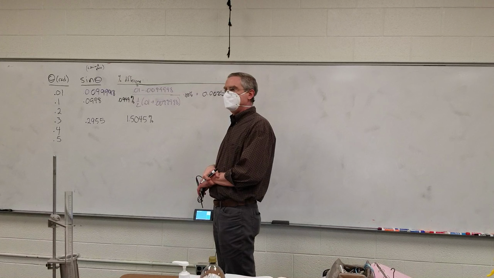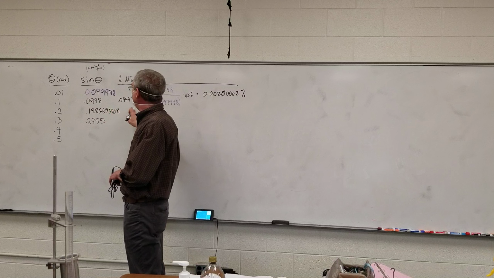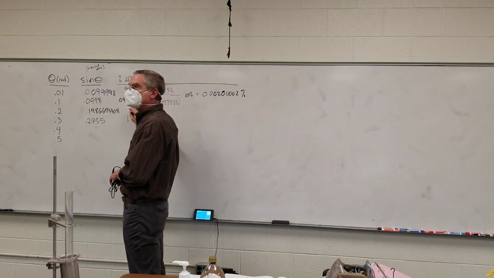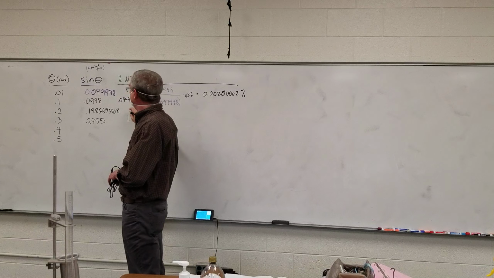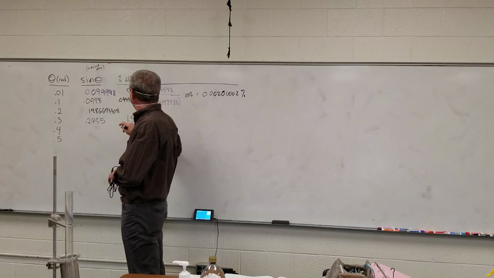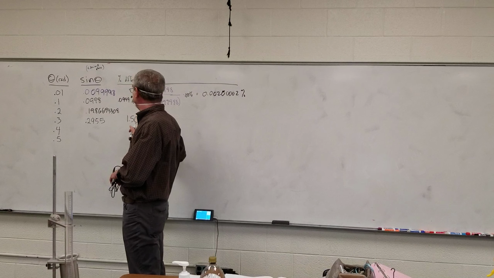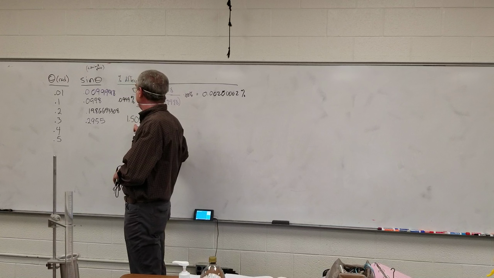I get 2. Or the sine is 0.198669338. All right, and the percent difference? I think 2. I keep getting 2 out of my calculator, like 2%. Well, that's 2%, but this can't be 1.5%.